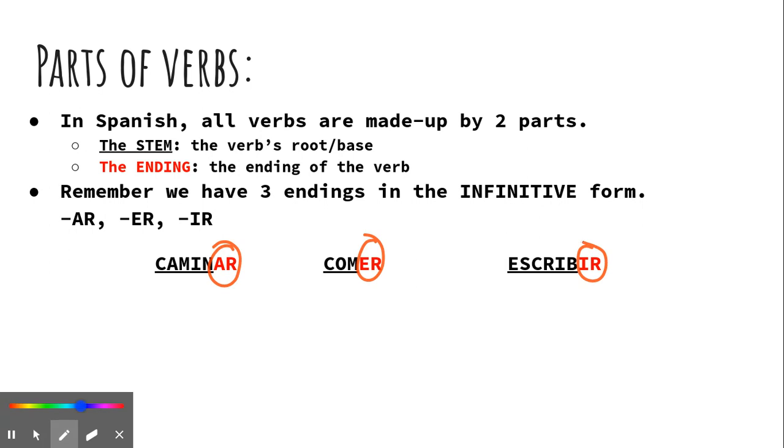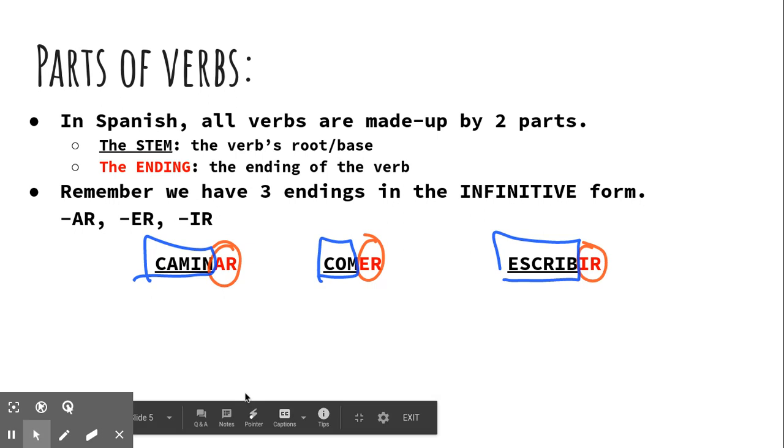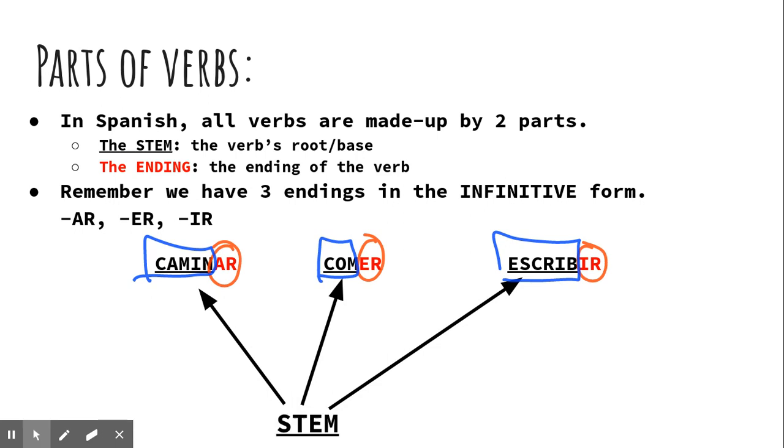And we have changed the color of the stems and underlined those stems as well so you can clearly see it. So there, you can see the stems, and here you can see the endings of those verbs. Once again, all regular verbs follow this pattern.